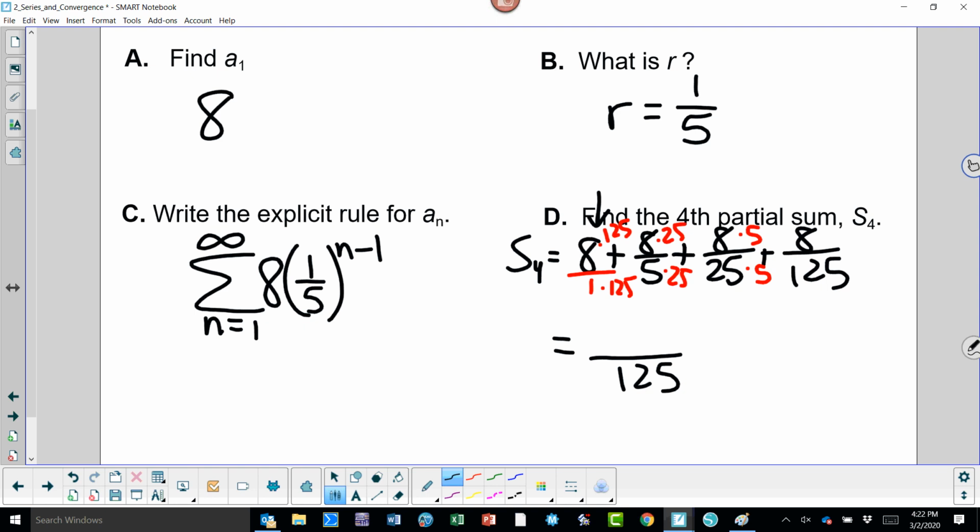This is 200 because we just talked about that. Sorry, this was 800 plus 200, which was 1000, plus 200 in the second one, and then 40, and then 8. So we get 1248 over 125.